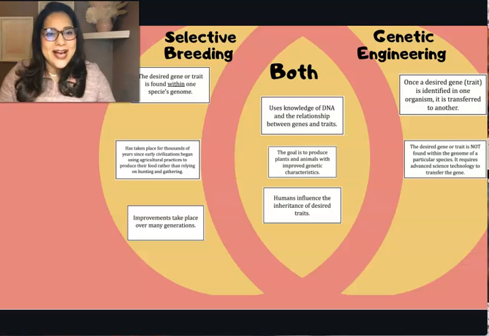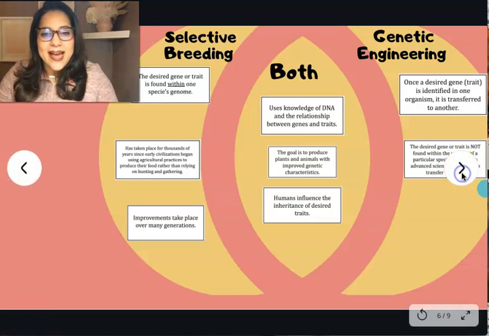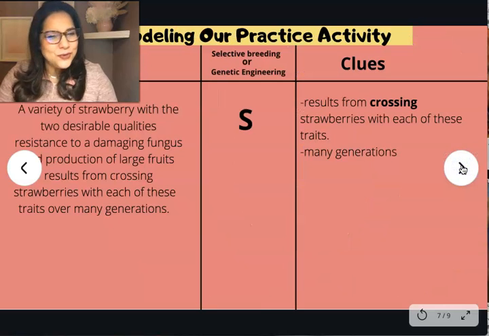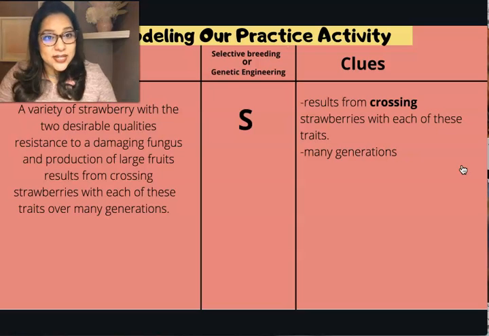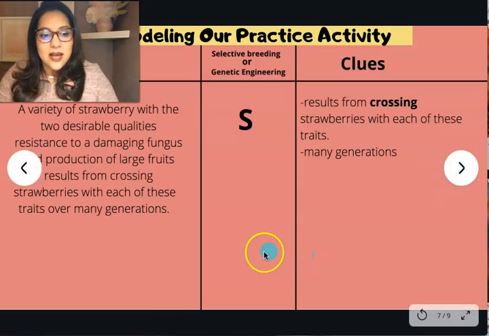So now that we have reviewed both processes and compared and contrasted them, I hope that we have a clear understanding of how they're both very different, but also similar. They have some similarities, right? And so I created a little review for you guys, and I'm going to model what my expectation is for the following pages.